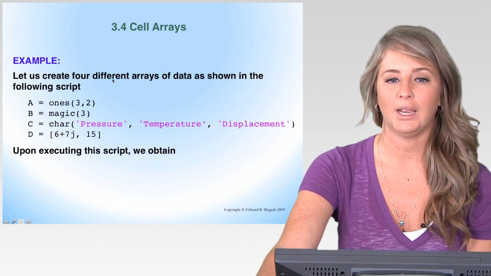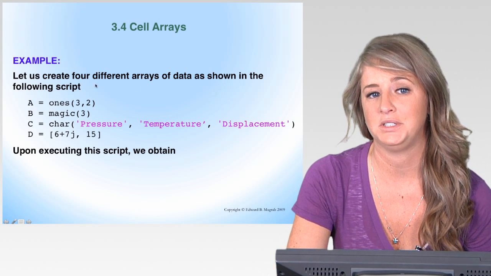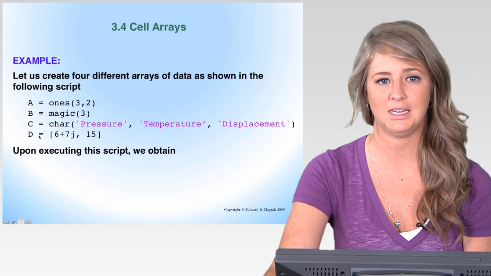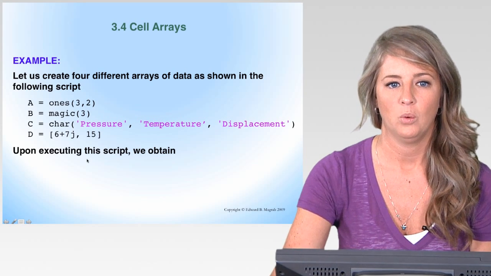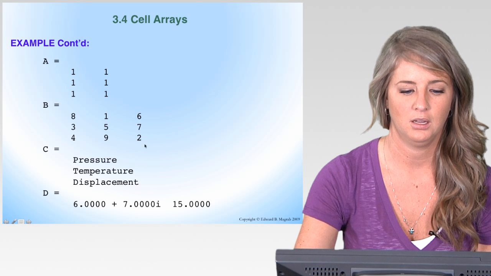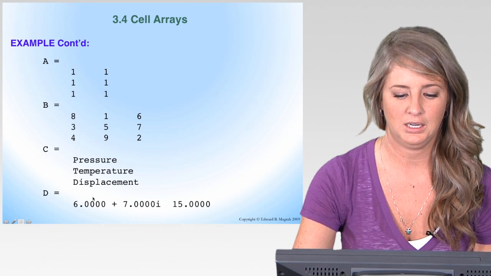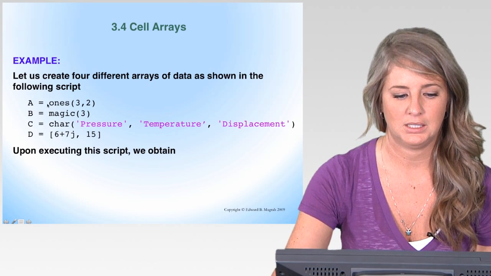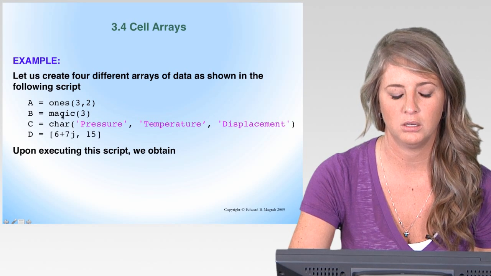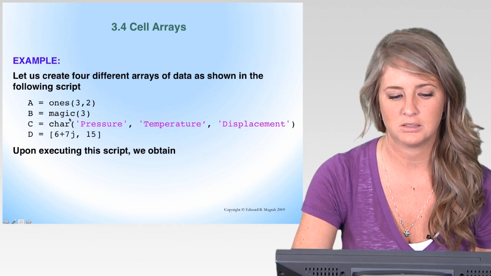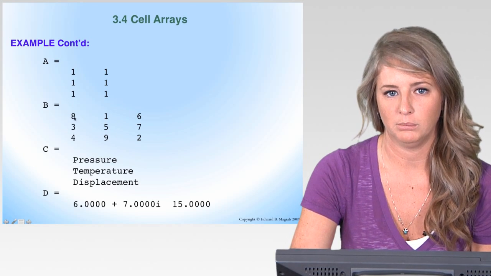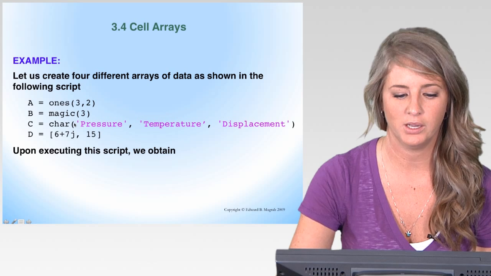We're going to create 4 different arrays of data as shown in the script here. So we have A, B, C, and D. When you execute the script, that's going to result in A, B, C, and D. So we can see here this was just a ones of 3 rows, 2 columns, magic 3, so that just created the random 3x3 matrix for us.